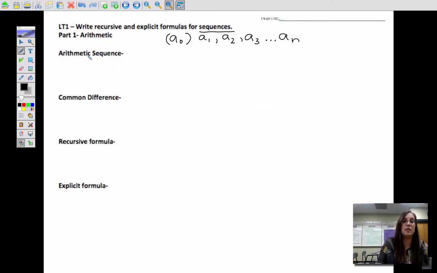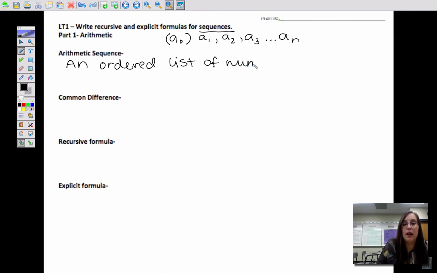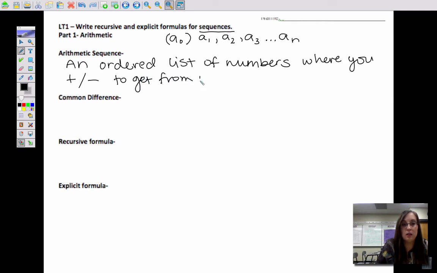Alright, so an arithmetic sequence is, just like any other sequence, an ordered list of numbers. But what makes it specifically an arithmetic sequence is that it's an ordered list of numbers where you add or subtract to get from one term to the next.